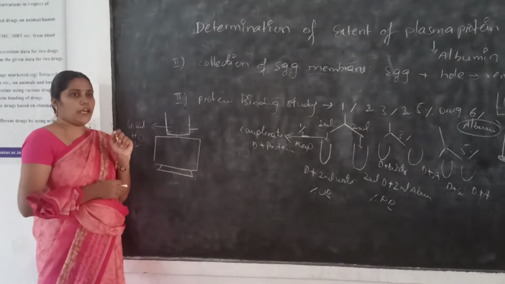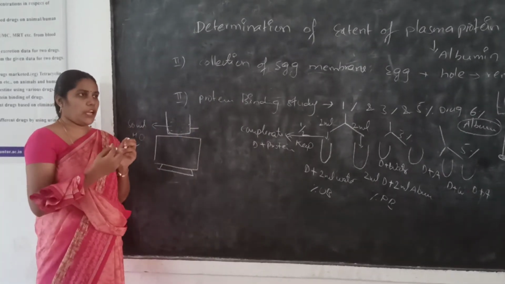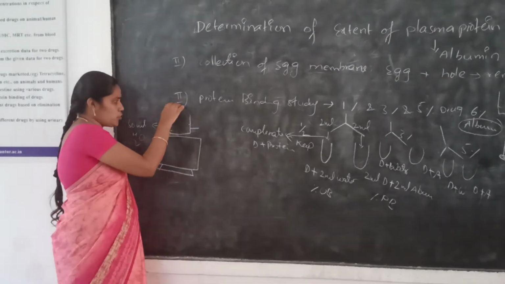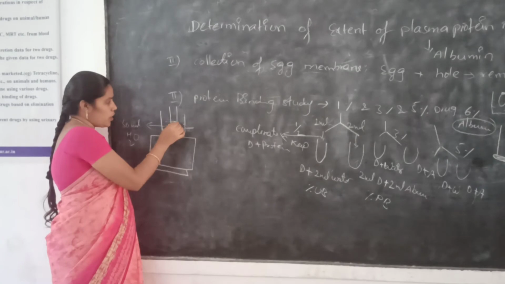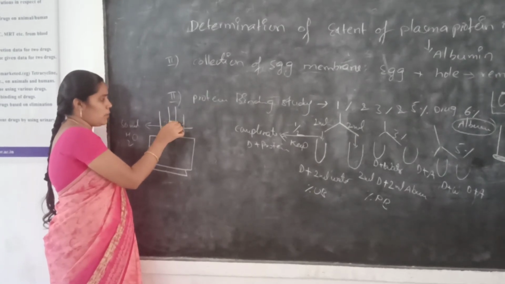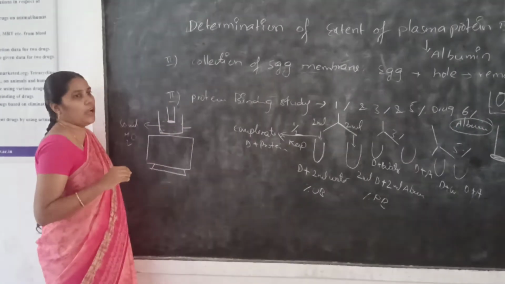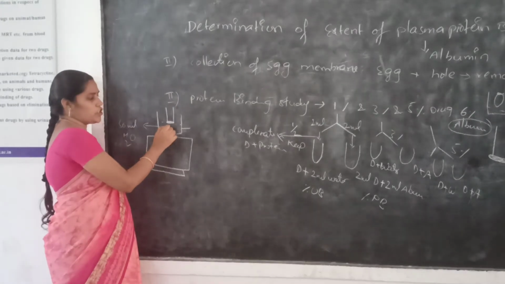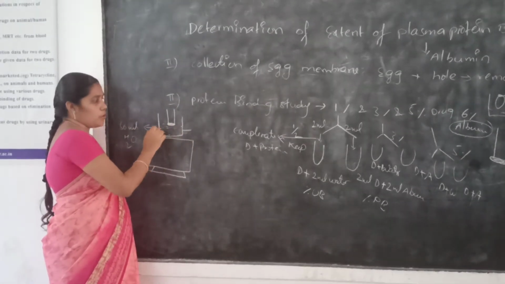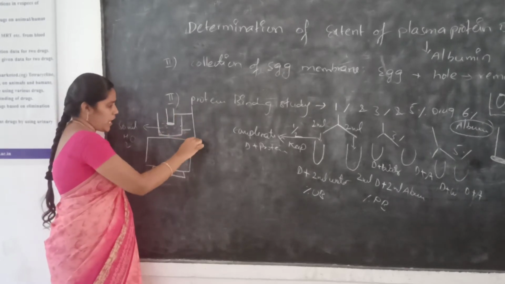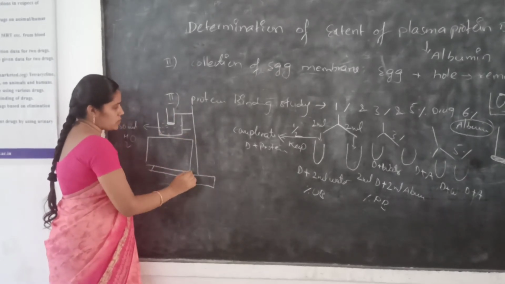The open cylinder which is tied with the egg membrane is inserted into this solution with the help of a stand, so that just the egg membrane is in contact with the solution.